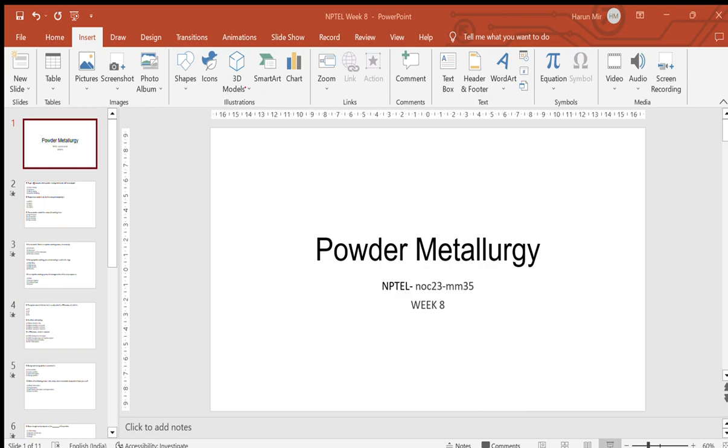For compaction, you will also have 2D shapes. The right answer is slurry casting also, because in slurry casting also you are trying to get a shape based on your mixture of binder and powder, and that mixture is then made to flow into the mold. So slurry casting and injection molding both are right options for 3D compacts.